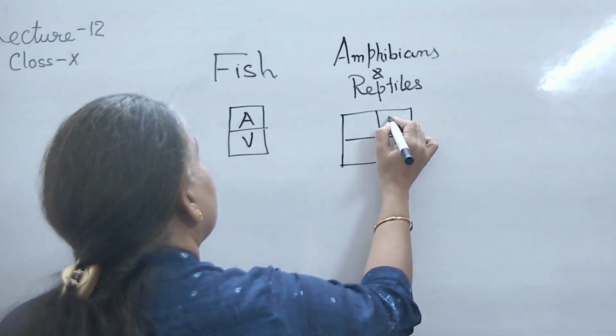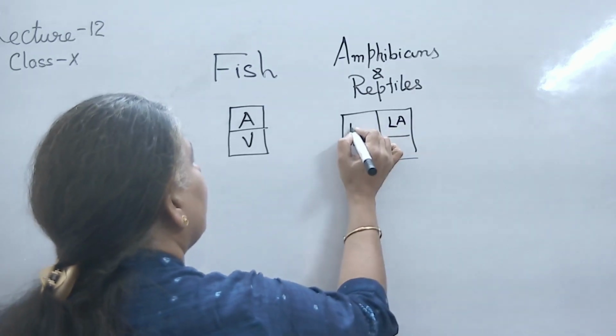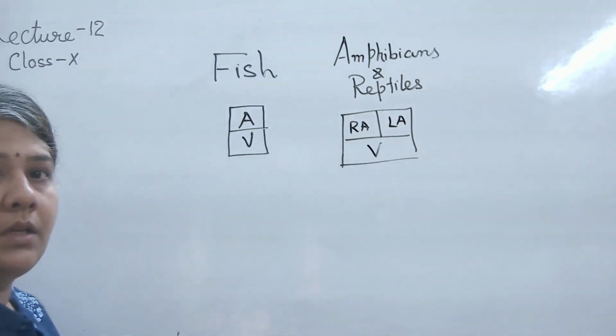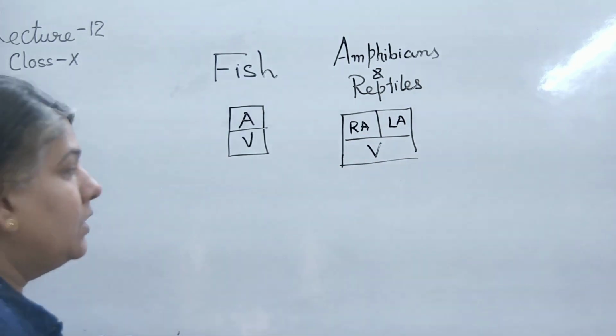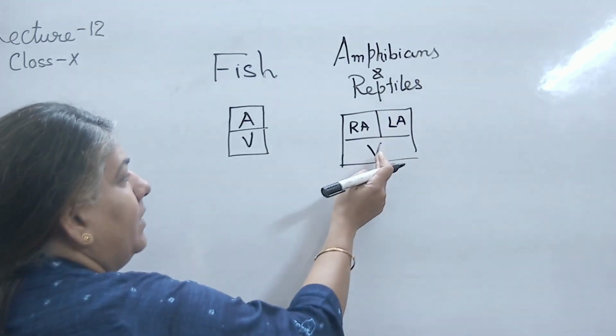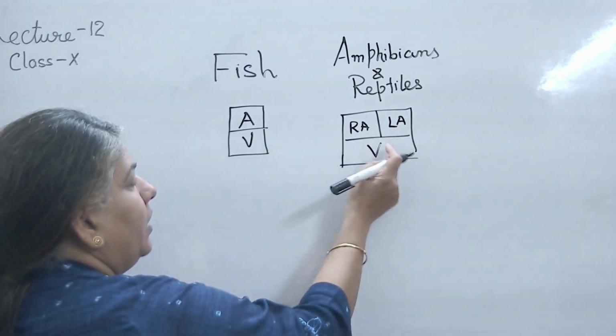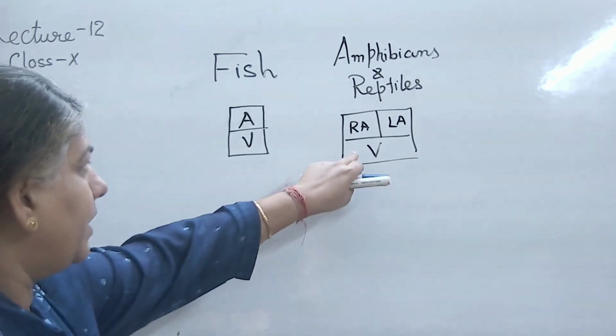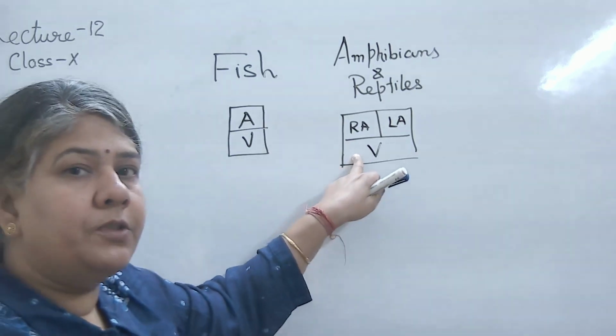So left atrium, right atrium, and single ventricle. So oxygenated blood from the left atrium and deoxygenated blood from the right atrium gets mixed. So the body receives mixed blood.